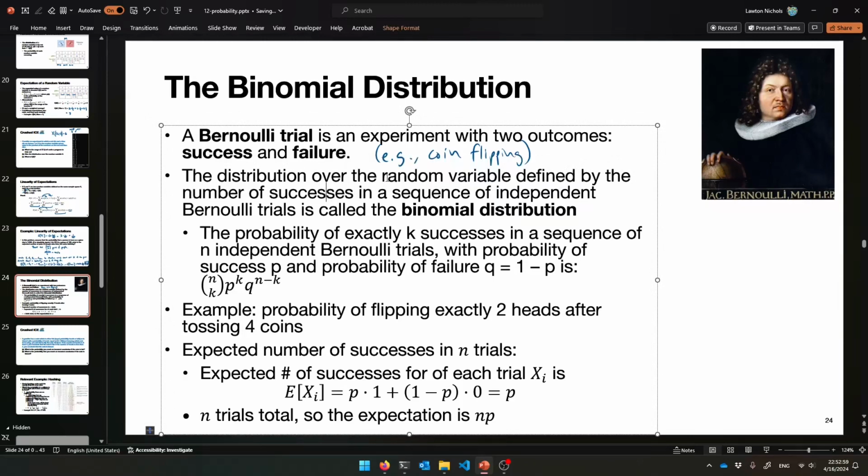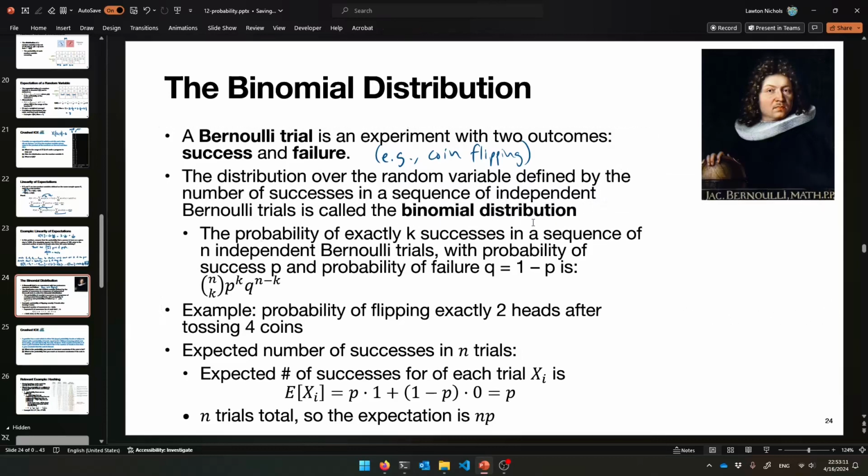The distribution over a random variable defined by the number of successes in a bunch of independent Bernoulli trials, those words are important, is called the binomial distribution. I'll use the rest of the slide to unravel what that means. So you are running a bunch of these Bernoulli trials, like flipping a bunch of coins, and they're all independent of each other.